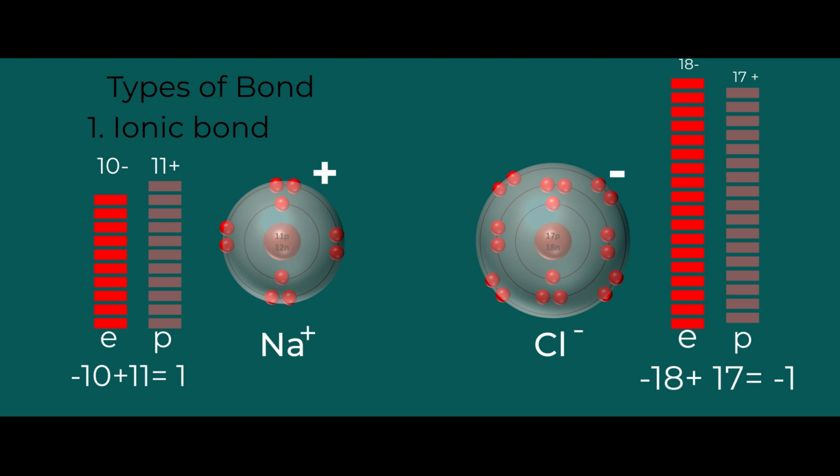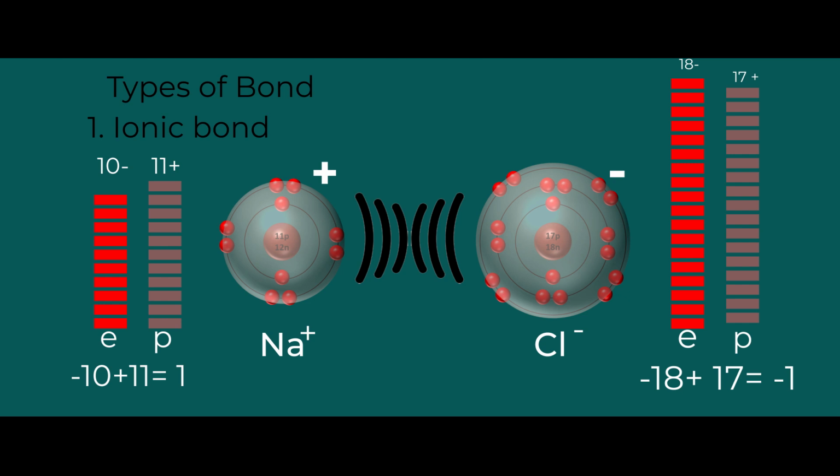And when these two oppositely charged atoms or ions are placed together, there exists a force of attraction. And this force of attraction is called ionic bond. The positively charged atom here is called a cation, and the negatively charged atom is called an anion.